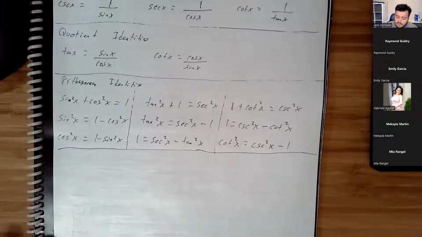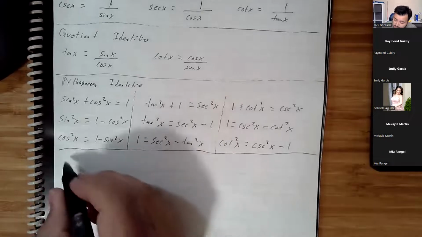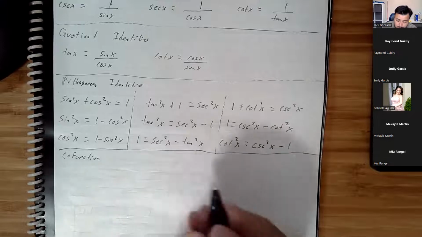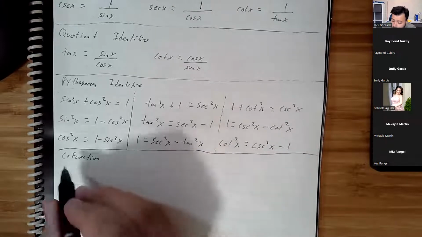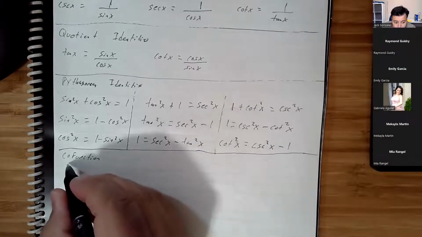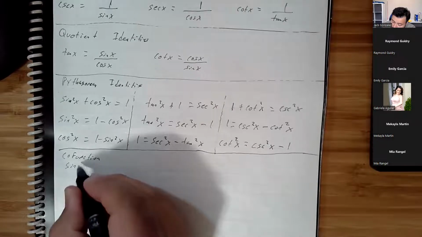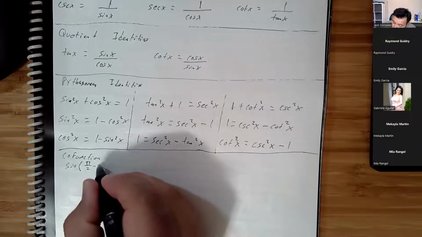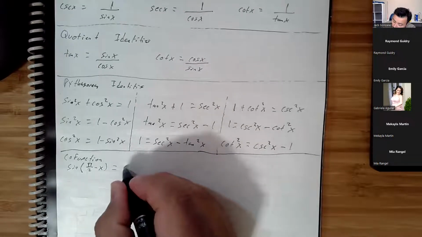The cofunction identities, I don't really use those much at all, but it is good to understand when you're looking at graphs that if you shift one of them, it turns into the other. So sine of pi over 2 minus x is equal to cosine.